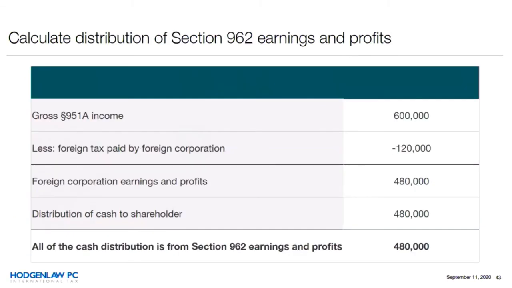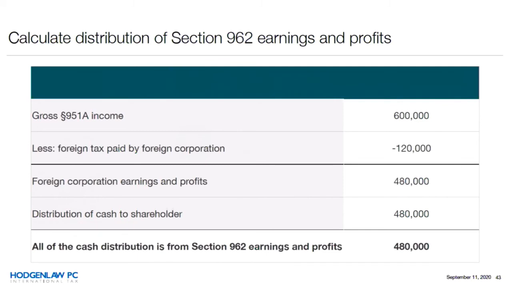So let's just walk through a simple example right here of what I mean, sort of taking all that abstract hand-wavy stuff. You can't see me waving my hands because I'm not on camera. But let's just talk about it. So we start with gross income in the example of $600,000 that's included in the shareholder's gross income. Not in the gross, it's not included in gross income.